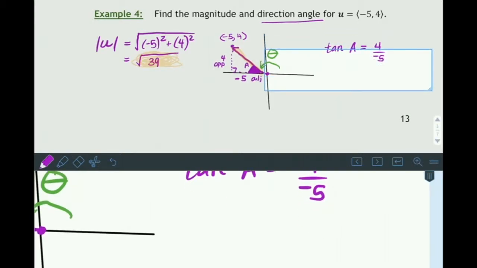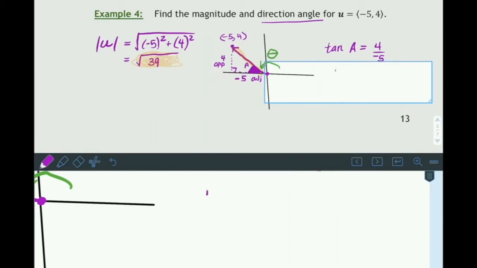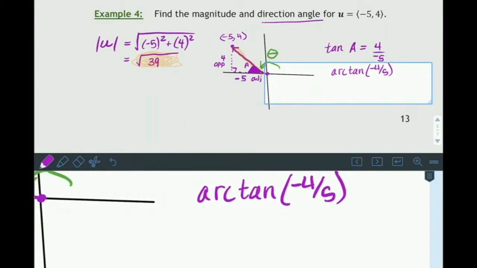To get the angle, you could do arctangent of -4/5. It's going to give you about negative 38.66 degrees, because that's the interval that arctangent is defined in.